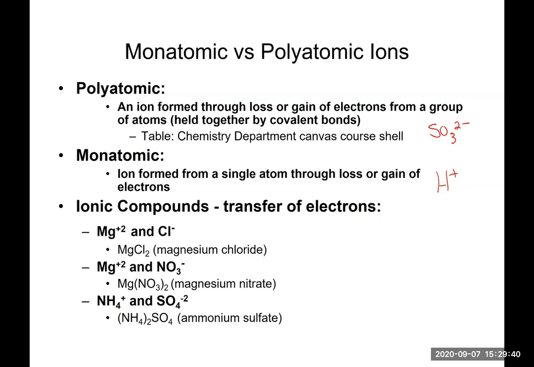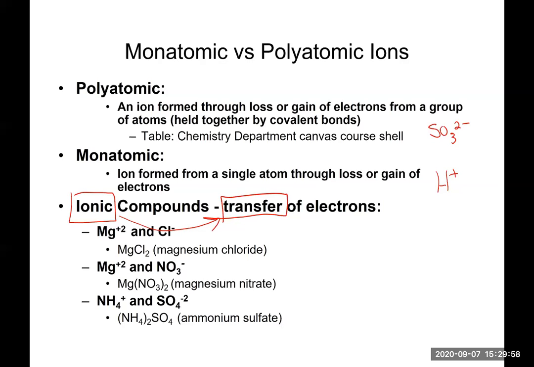Ionic compounds are involved in transfer of electrons, and this is the main thing that you need to remember. If it's an ionic compound, it's involved in transfer of an electron from a metal to a nonmetal.